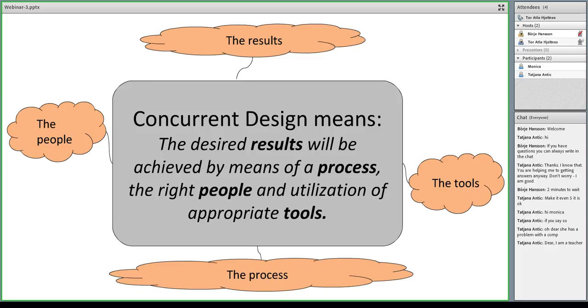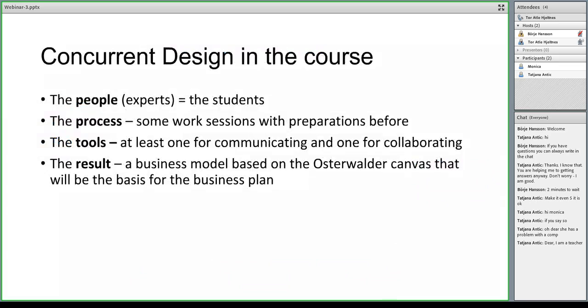The right people, in this course, will be the students. So you are one of the right people. And when it comes to the tools you will use, this is partly up to each group that will work together and meet each other through the Canvas learning management system. But we will get more into that also.